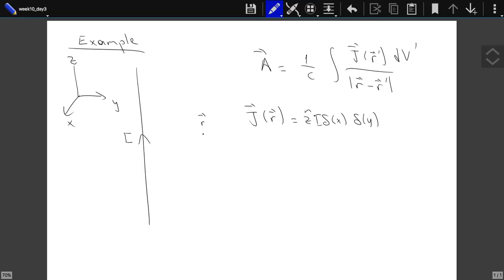To check it, let's calculate the total current passing through the xy plane. The total current passing through the xy plane should be I, if we did it correctly. So I should be equal to the integral of J dot dx dy in the z-hat direction. This is my dS in the xy plane.